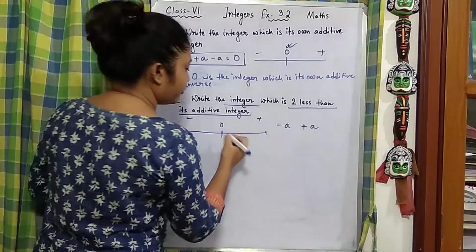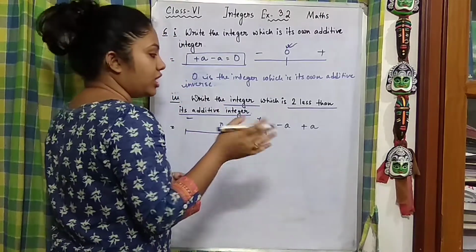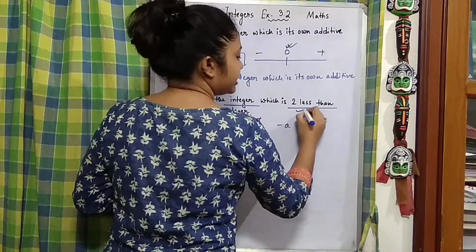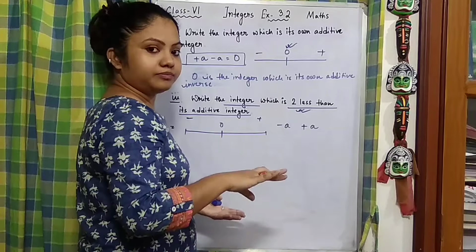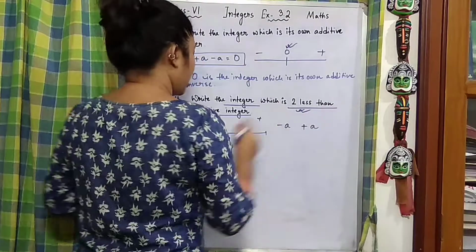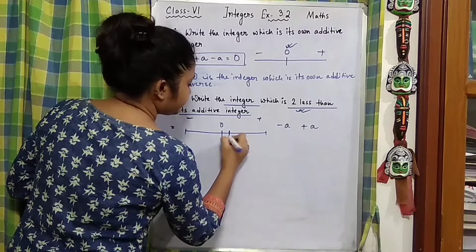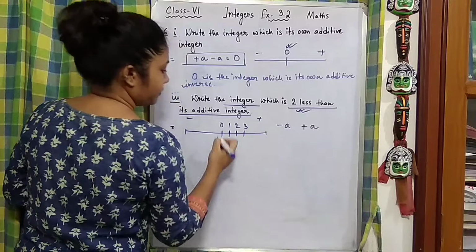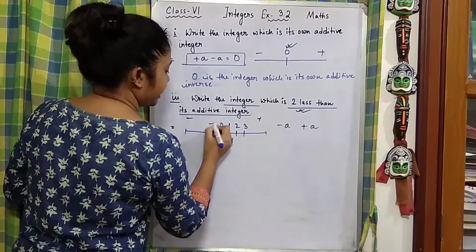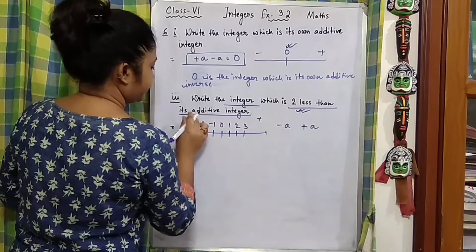Now we have to find the number which will be 2 less than its additive integer. As they have said 2 less, we can understand that the number is going to be the negative of the positive integer. So let's find that number. Say this is 1, 2, 3 on the positive side, and again this is -1, -2, -3.